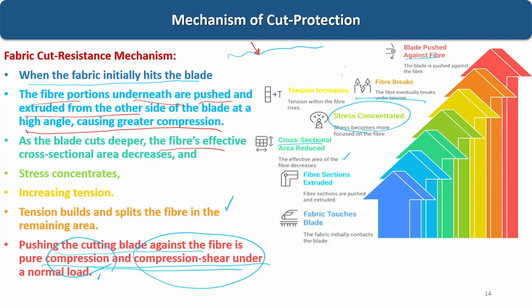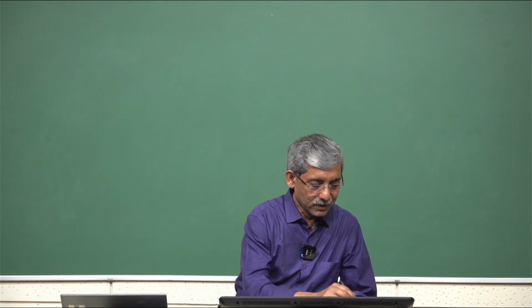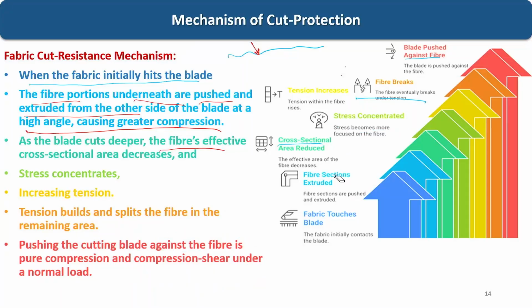Cutting by pressure is intentional if we want to cut by pressure, but in normal cases in industry or at home, the cut-related injury takes place by compression and compression with shear under normal load.